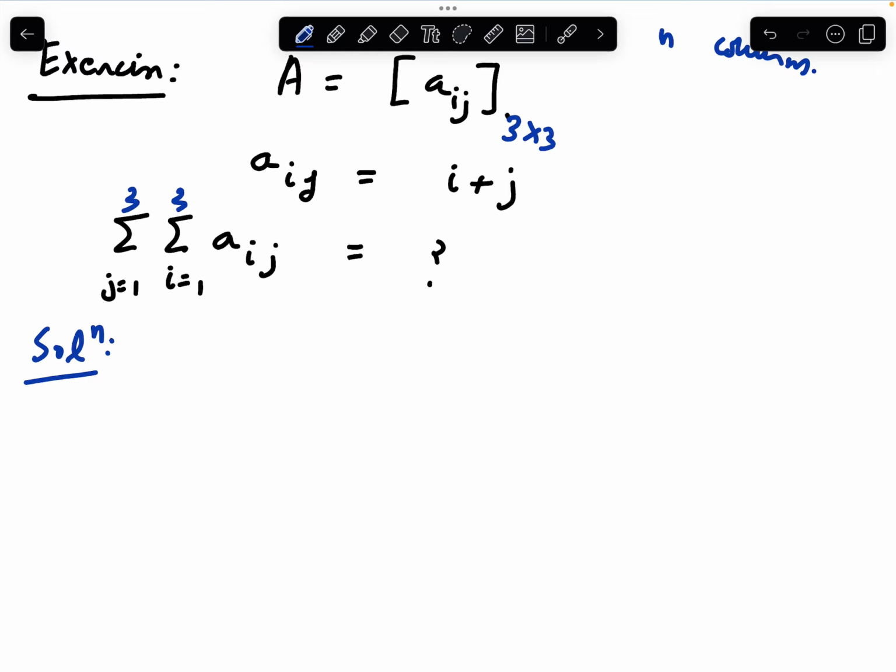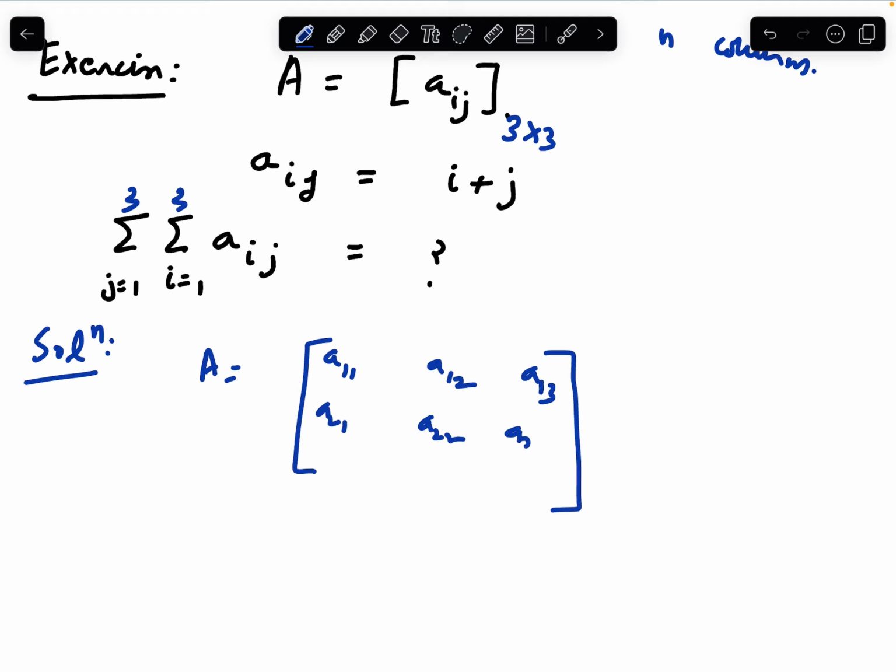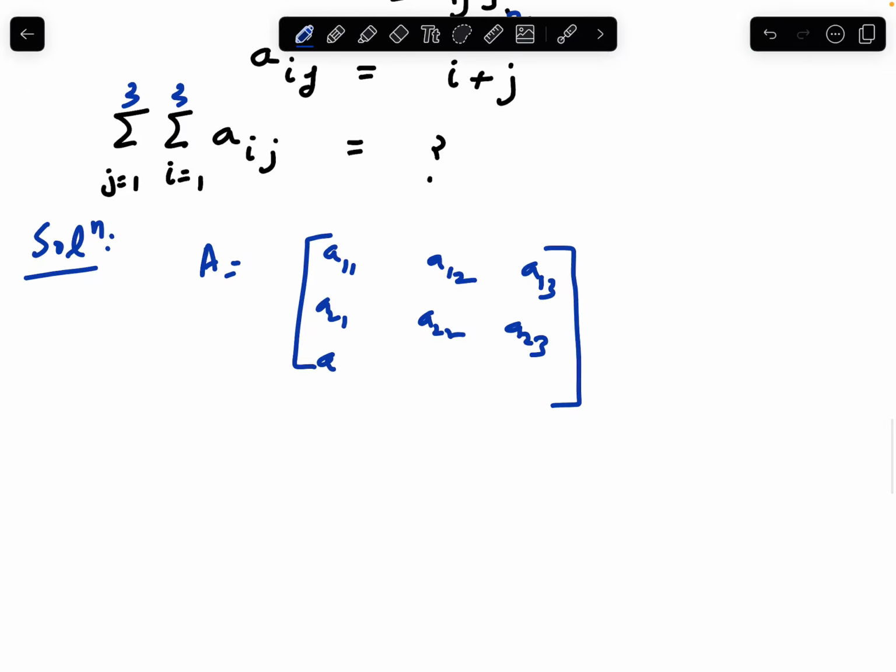So one way to do it is by writing the matrix A explicitly. So here we'll have A11, that is first row, first column, first row, second column, first row, third column, second row, first column, second row, second column, second row, third column, and A31, A32, A33. Just write out all the elements.